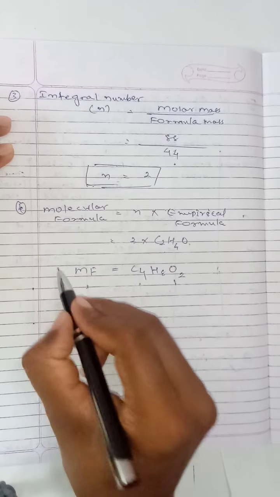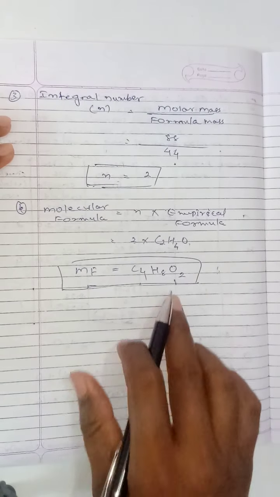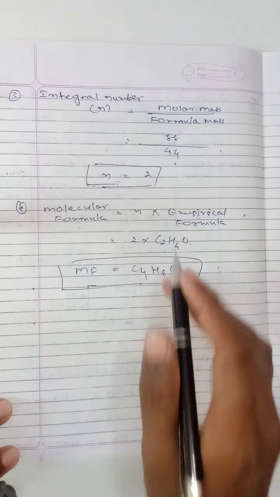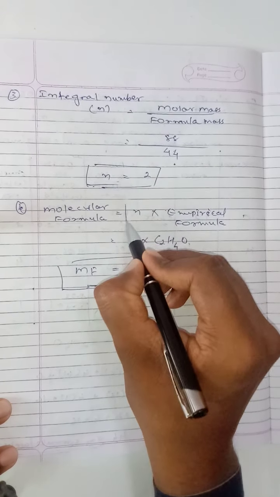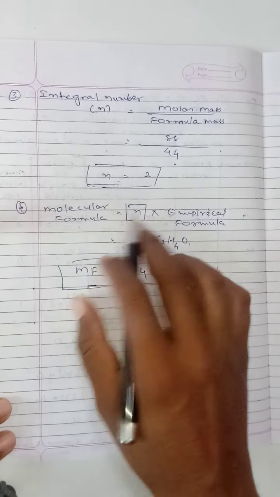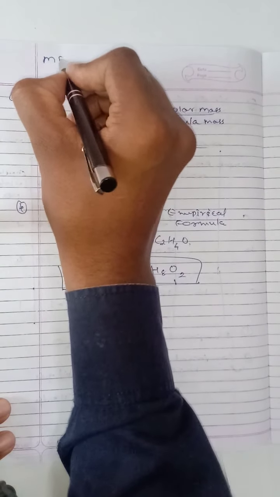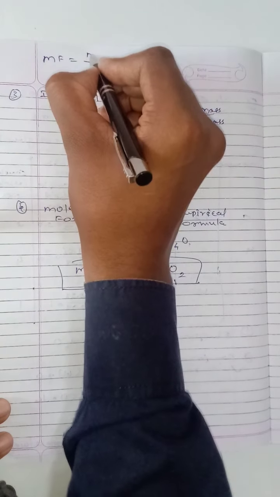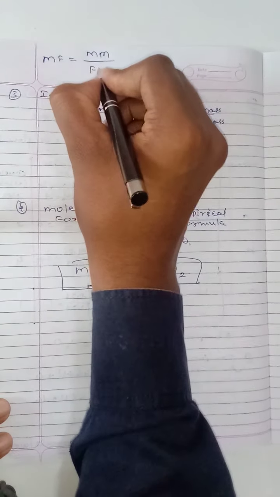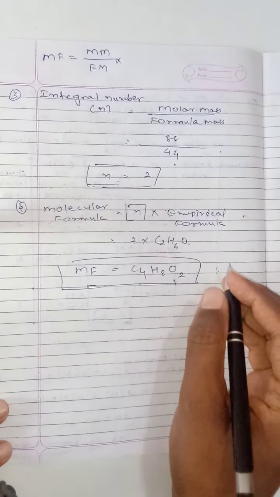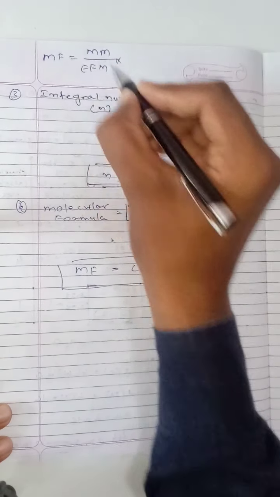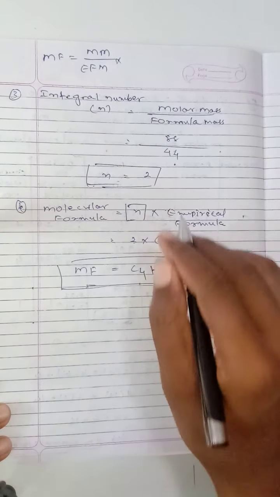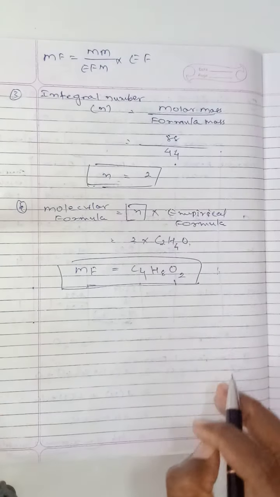Our molecular formula is C4H8O2. So you can write directly molecular formula MF equal to molar mass MM, divided by empirical formula mass EFM, multiplied by empirical formula.